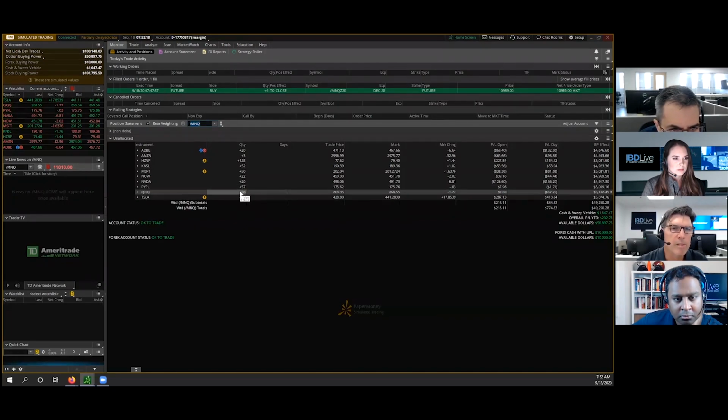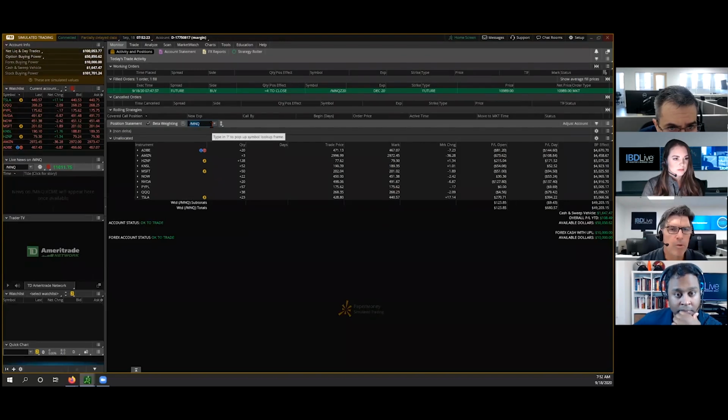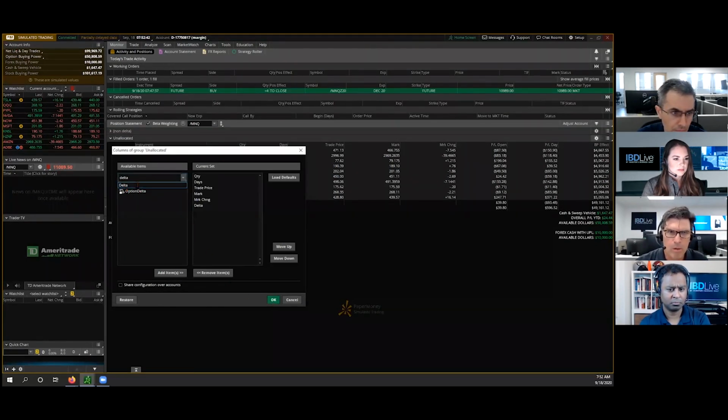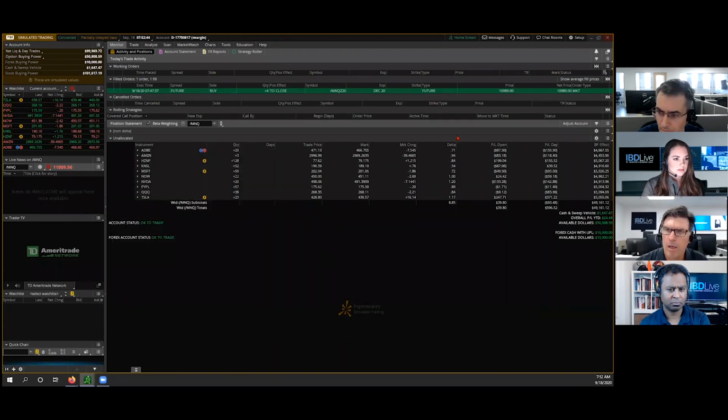Given the size of this account, I'm going to use the micro mini futures, which is /MNQ, and you enter that in there. Now you've got to go over here and add something called delta. Move it over there, hit OK, and now we get the delta column right there.